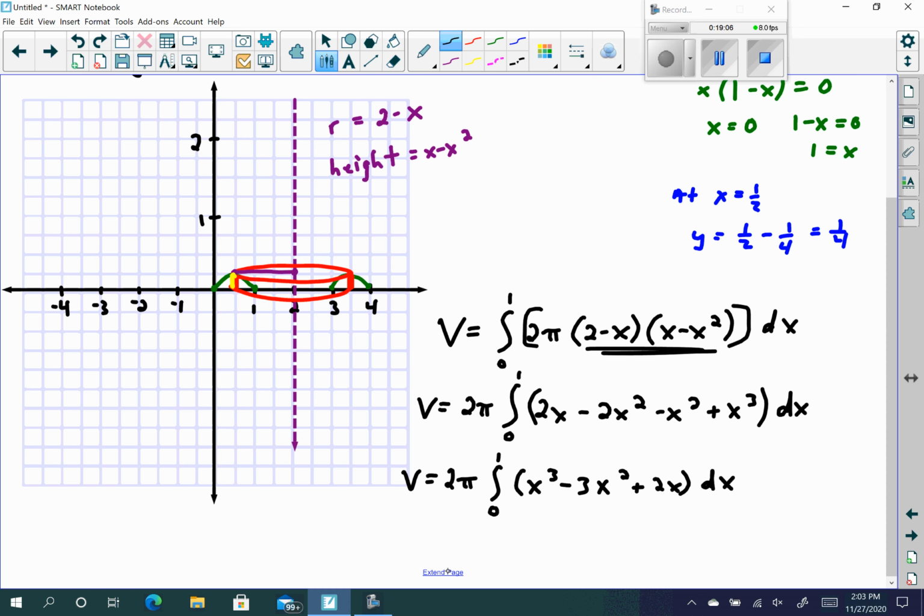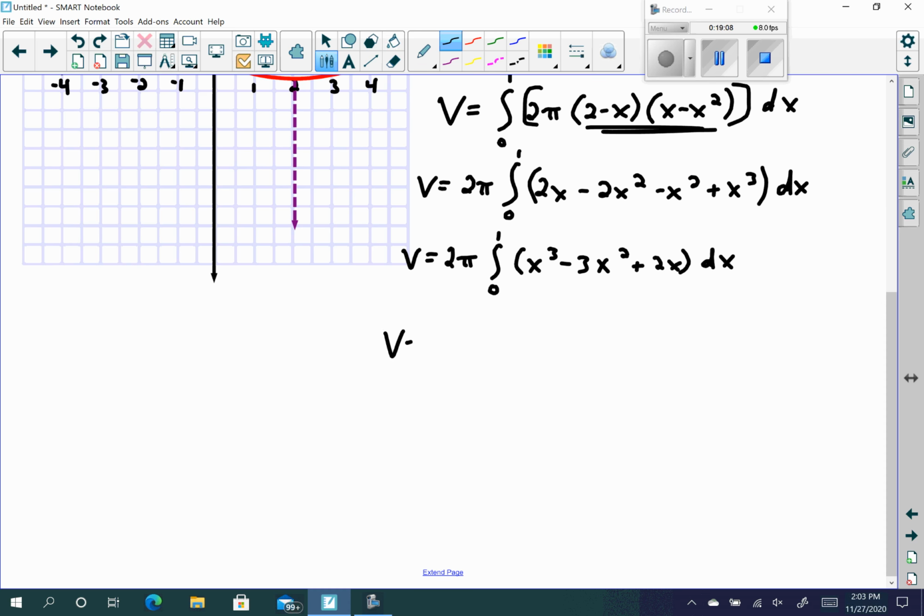dx. Go ahead and take the antiderivative now of each term. So we should get x to the 4th over 4. This will just become a minus x cubed because we'll get minus 3x cubed over 3, so just a minus x cubed. And then we'll get a 2x squared over 2, so it's just going to be x squared.